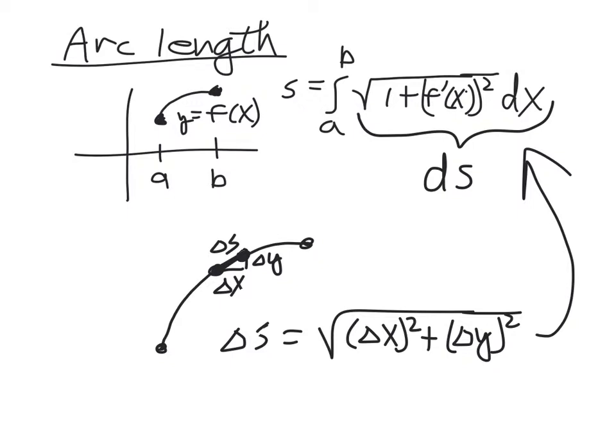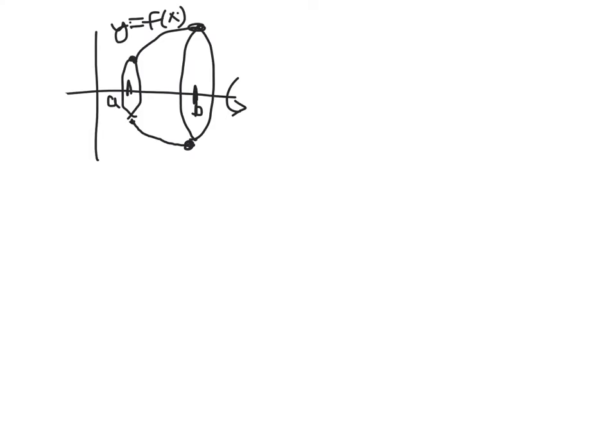We'll revolve this arc length about the x-axis, and we're not doing volume this time, but we're going to look at the surface area. So if we go ahead and revolve that curve around the x-axis, we would create a three-dimensional object.